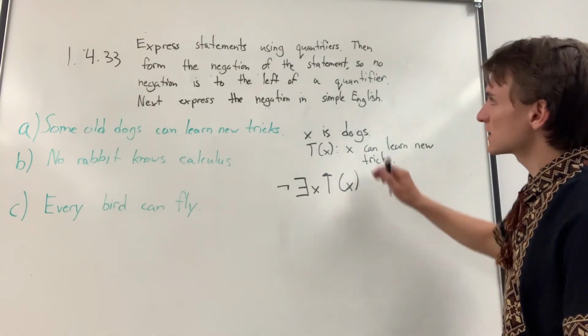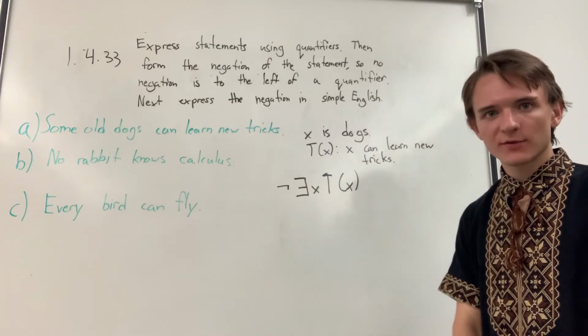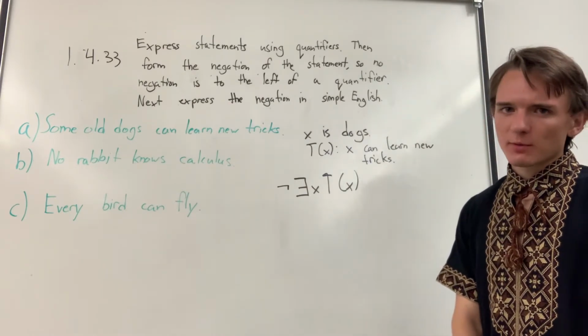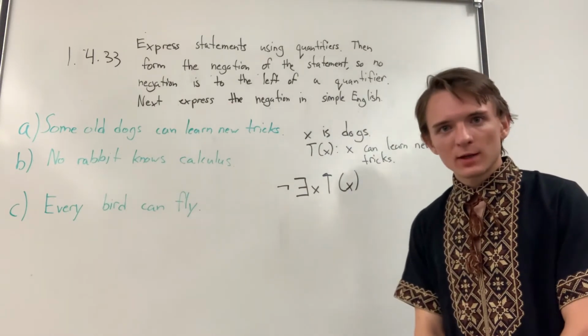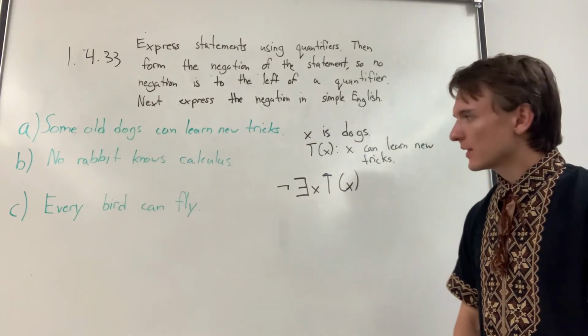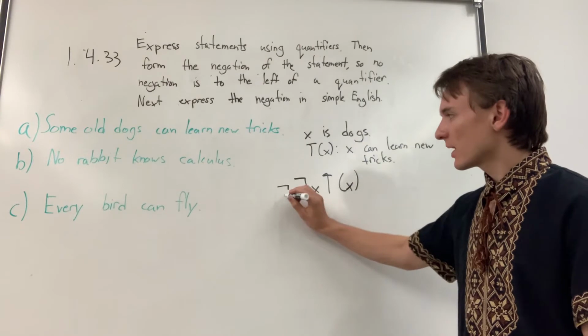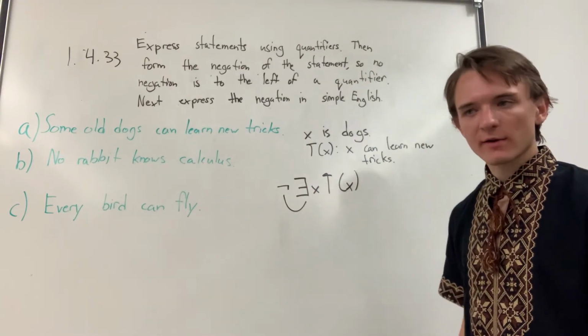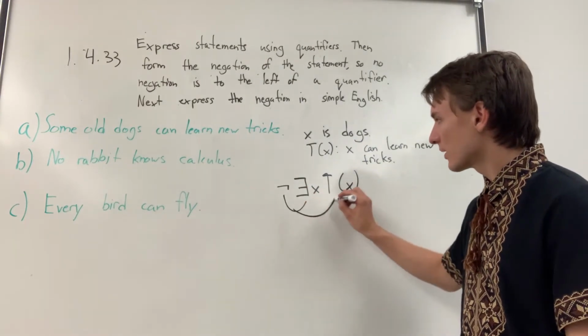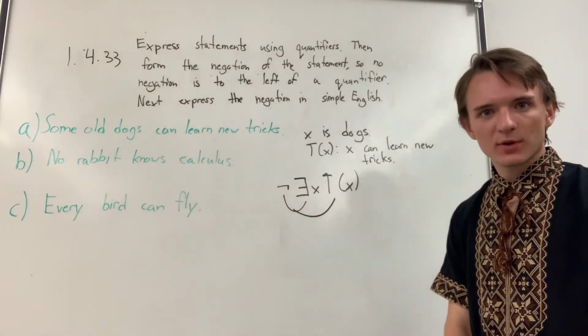However, it asks us that no negation be to the left of the quantifier. So what do we do? Well, we kind of do what we did with De Morgan's law, in that we apply the negation across everything. So we apply the negation to the existential quantifier. We apply it to the T of x predicate.